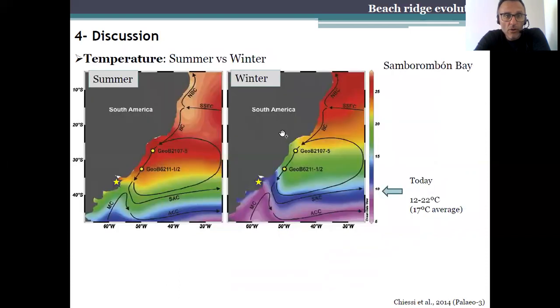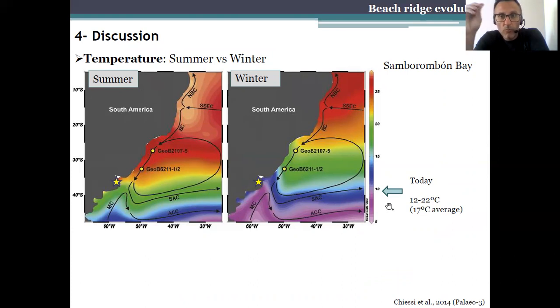Considering the temperature, this is the present-day distribution of temperatures in the sea. This is the study area. This is the distribution of temperature for summer and winter, and you can see that today we have temperatures between 12 and 22, with 17 more or less on average at this locality.